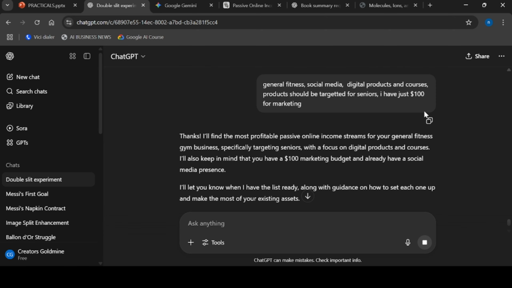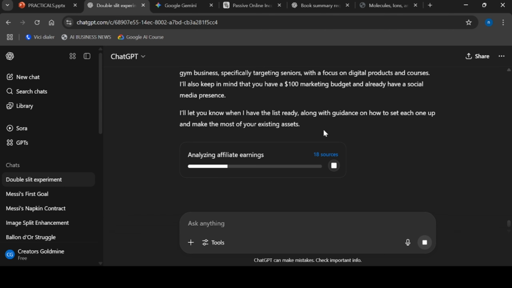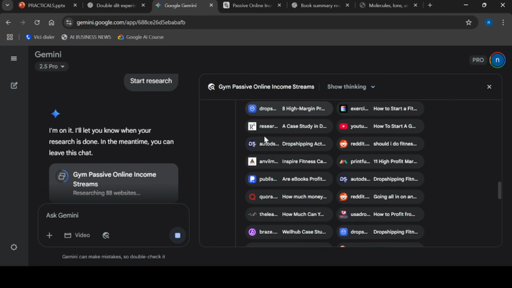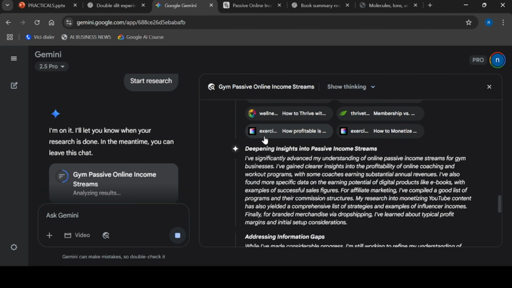So these tools take time to come up with deep research. So let's just give it time, and you'll be blown away by the results you'll get.